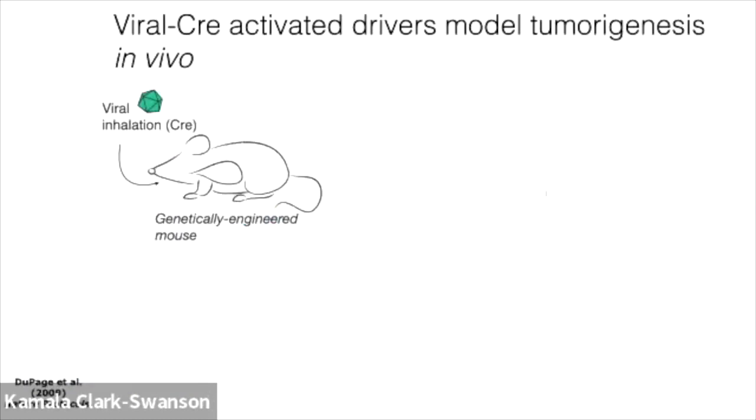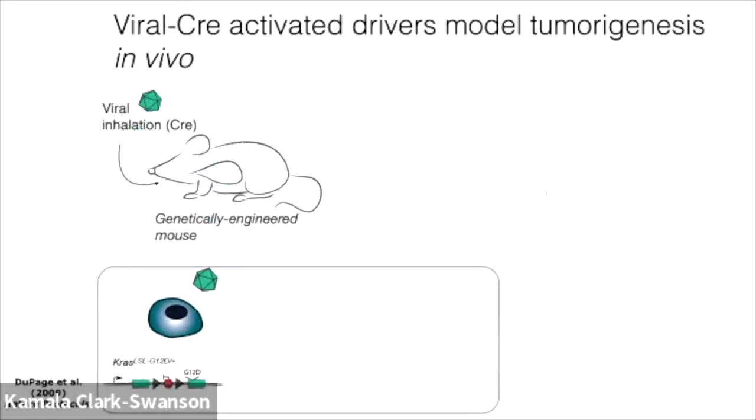So during my postdoc, I joined the lab of Monty Winslow and Dmitry Petrov, and our goal was really to try to make mouse models of tumorigenesis more quantitative and genomically comprehensive. Monty studied lung cancer, and one of the main ways people would study tumor initiation using genetically engineered mice was to deliver lentiviral capsids to the mouse's lung, which then activated oncogenic mutations bred into the mouse's germline.